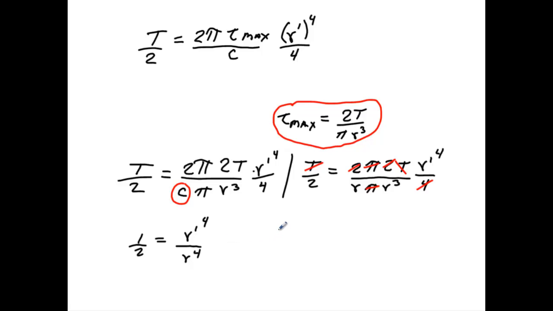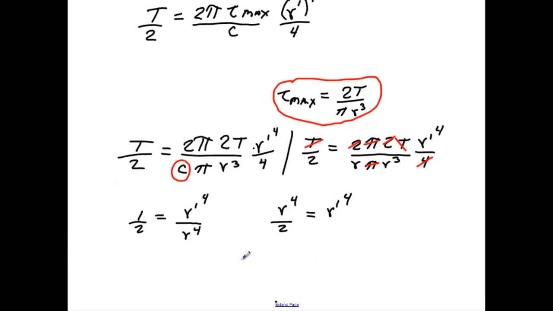So we bring r to the fourth to the other side: r to the fourth over 2 is equal to r prime to the fourth power. We take the 1/4 power of each side and we solve this problem: r prime is equal to r over 2 to the 1/4 power.